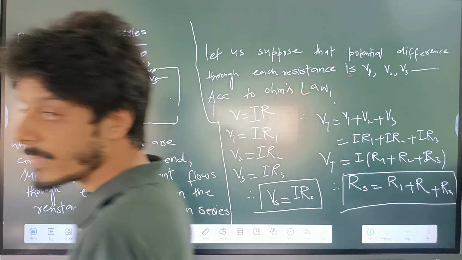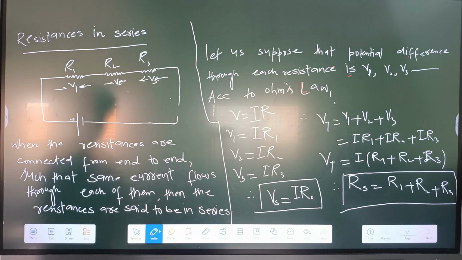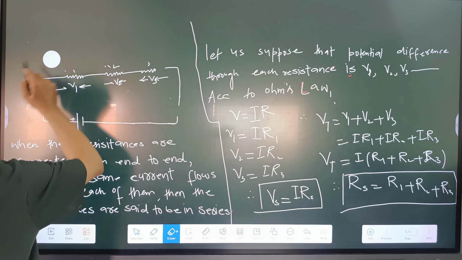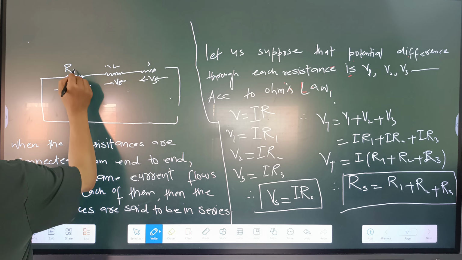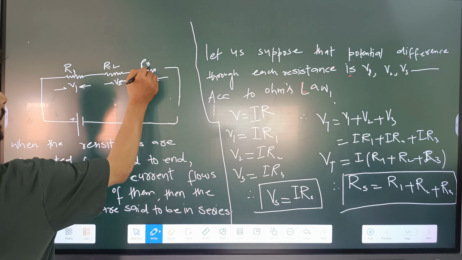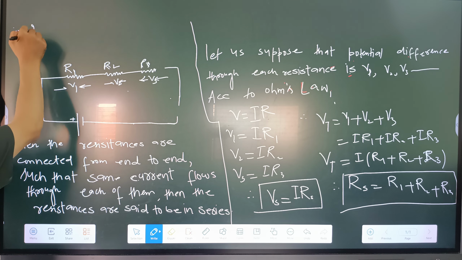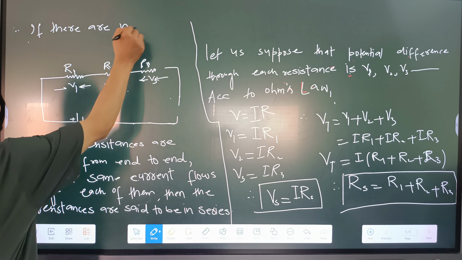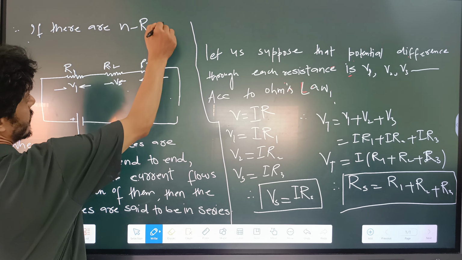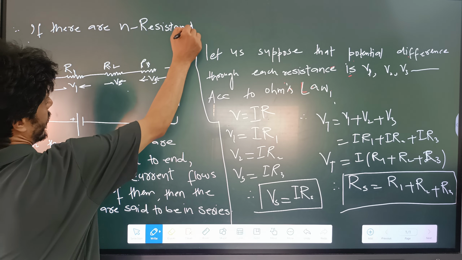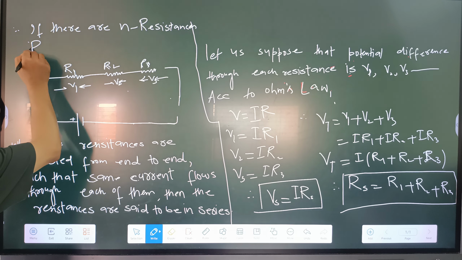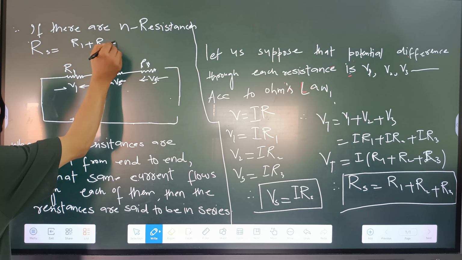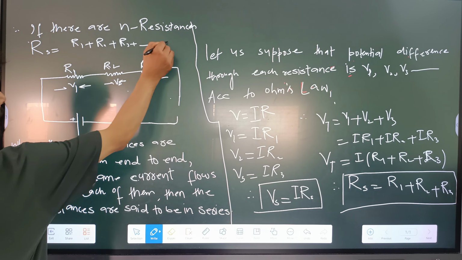So it means if we have n resistances, R1, R2, R3 and so on, then Rs is equal to R1 plus R2 plus R3 plus up to Rn.